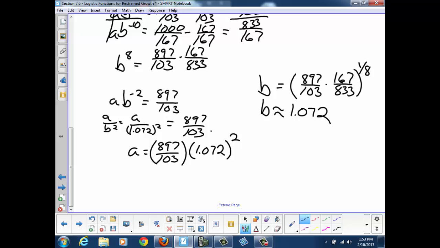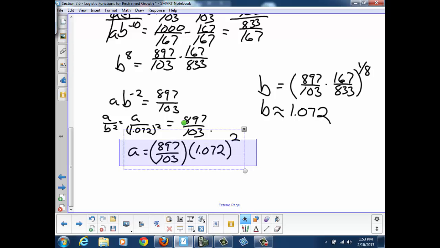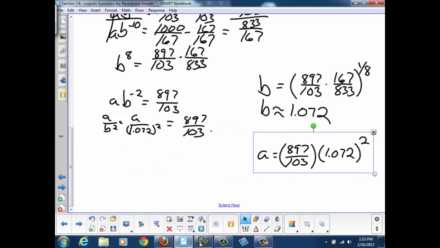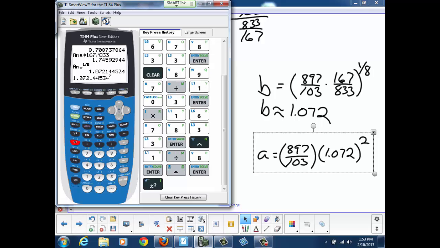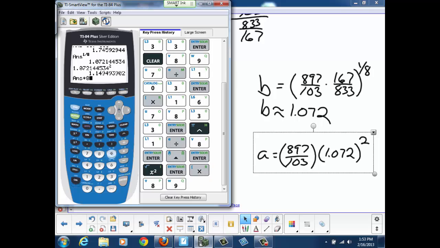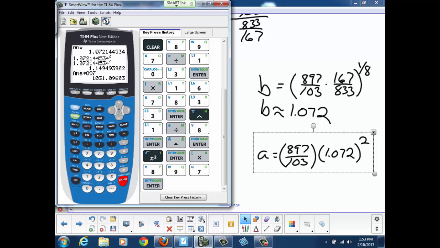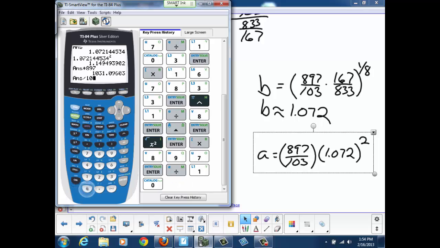So let's pull out our calculators one more time. First, let's move this over. So if I take this previous number and square it, and multiply by 897, and divide by 103, I should get a.